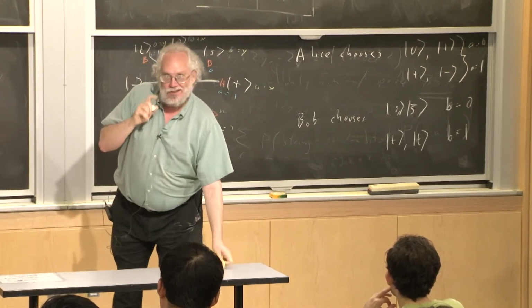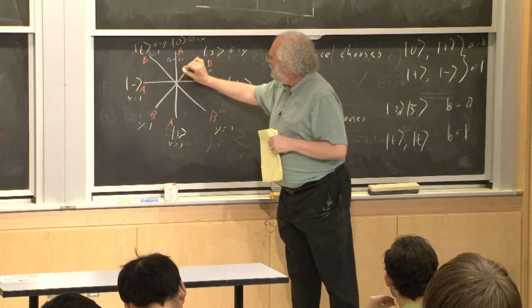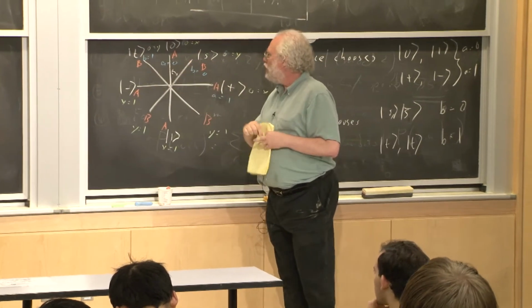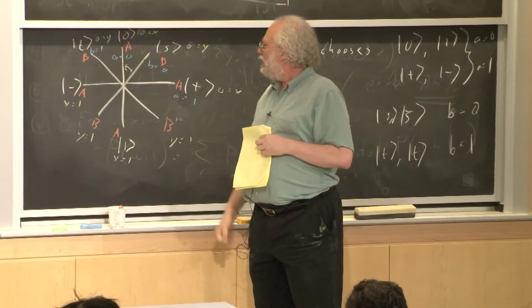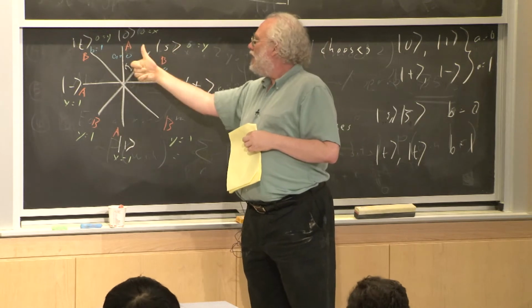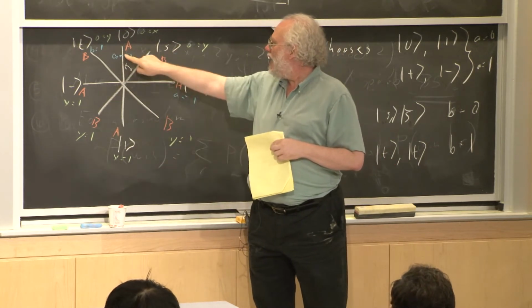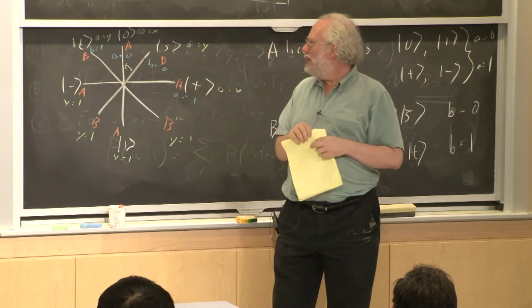So let's go back and look at this diagram some more. That was the probability that Alice and Bob win if they use these 2 axes, or these 2 points on the Bloch sphere, which differ by an angle of pi over 4.